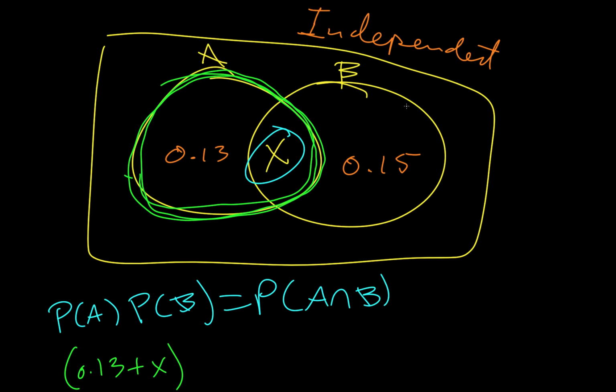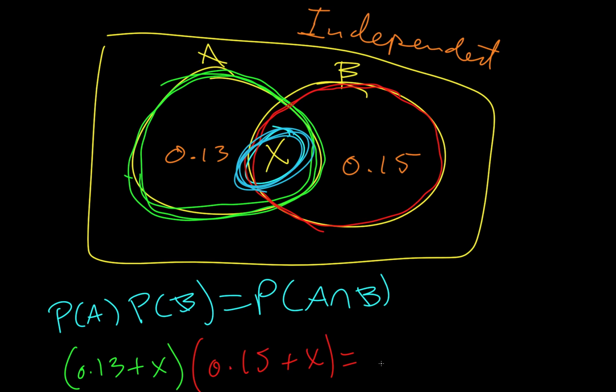And then similar thinking on B, it's the entire circle of B. So it's 0.15 plus x equals, and then the intersection is just x.